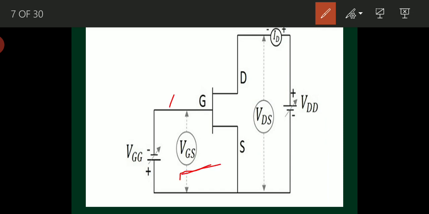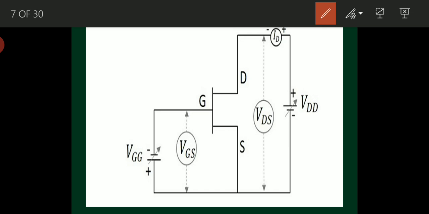What about the input current then? IG nearly equals 0. Why? Because the input impedance of the FET is very high, right? As input impedance is very high, practically no current or a very small amount of current will flow through the gate terminal.